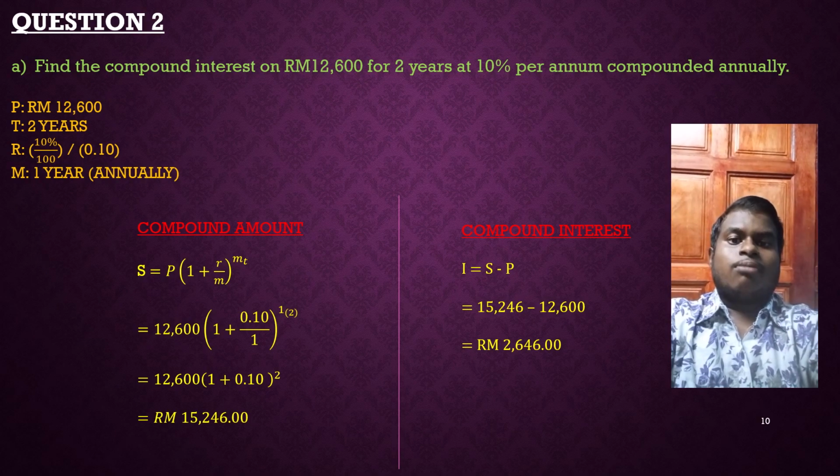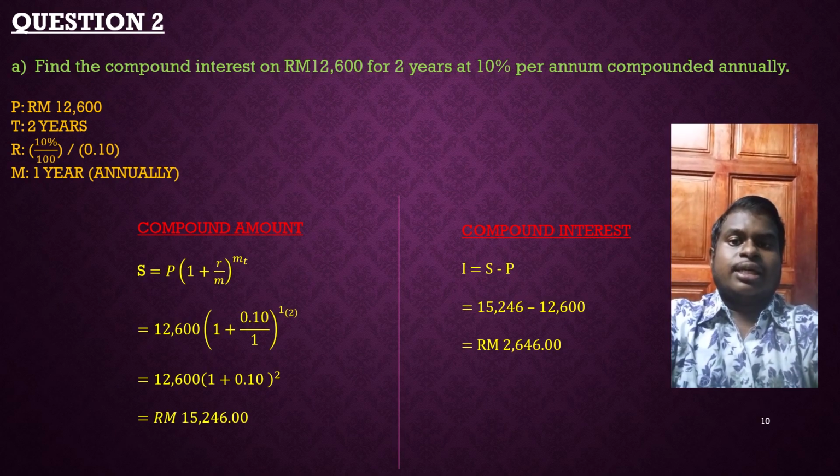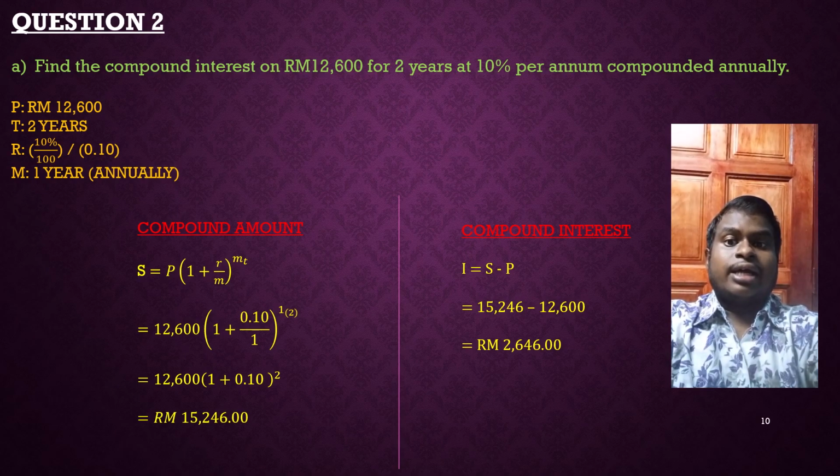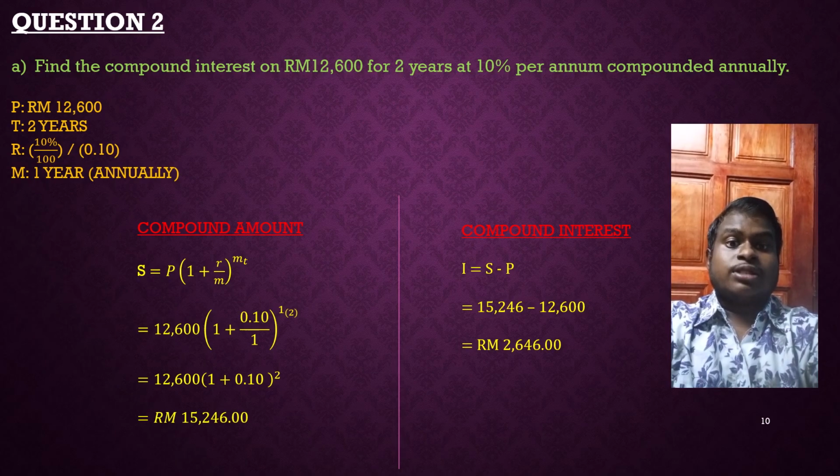We calculate the compound amount as 12,600(1 plus 0.10)^2, which is 15,246. The compound interest is then I equals S minus P, equal to 15,246 minus 12,600, equal to 2,646. So the compound interest is 2,646.